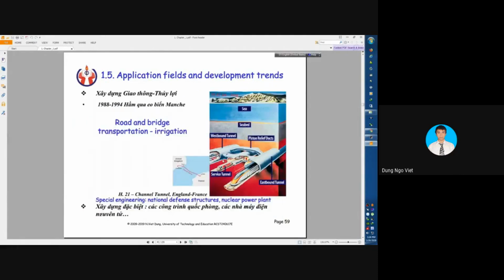And this is the tunnel through the Manche Channel, and it connects France and the United Kingdom. And this tunnel is also built from reinforced concrete.